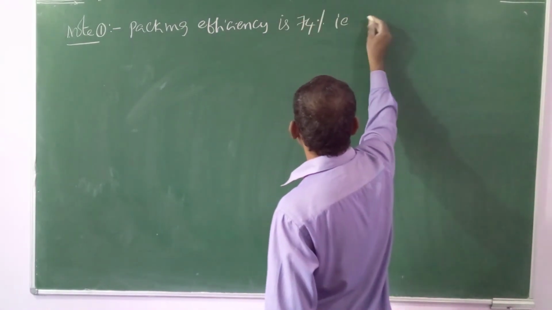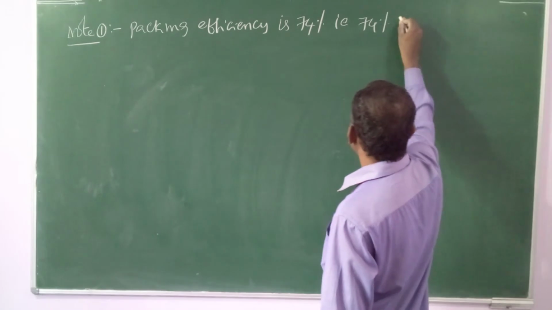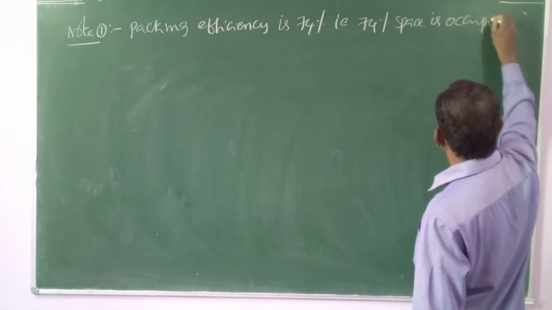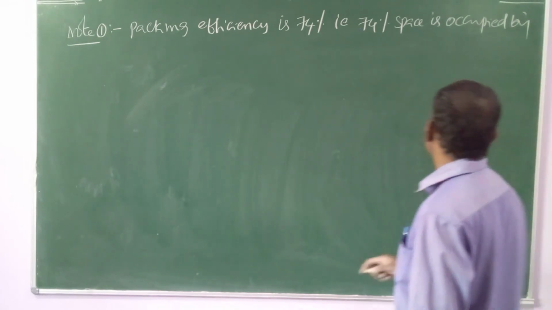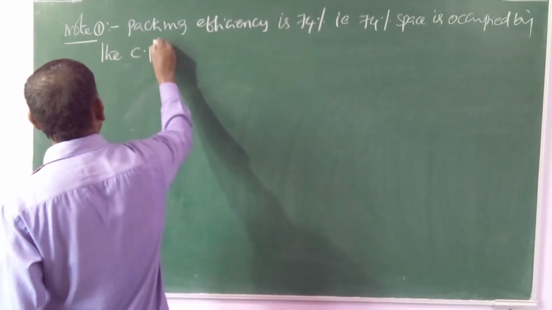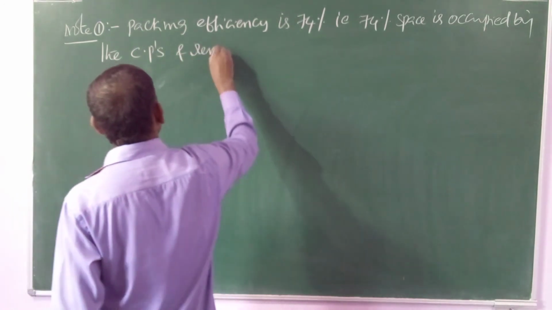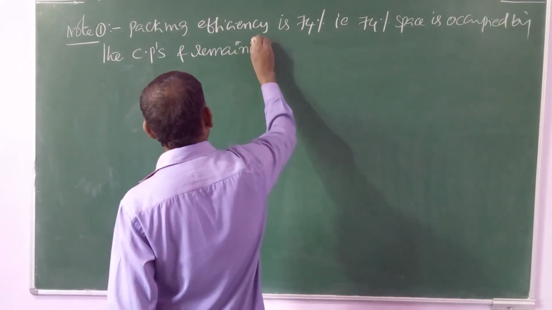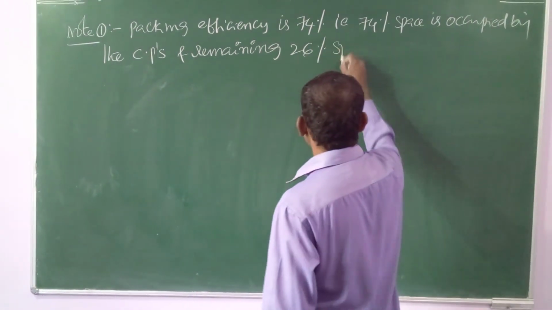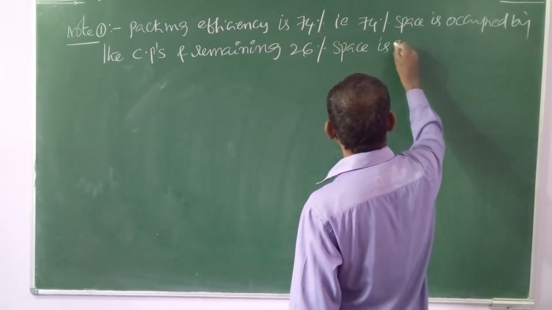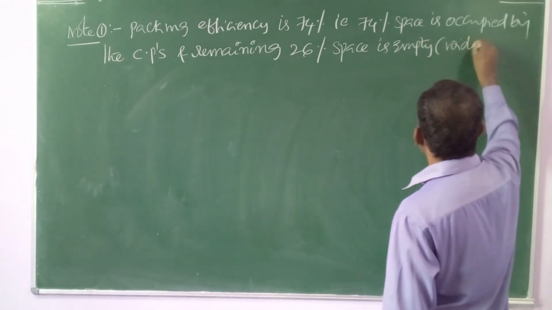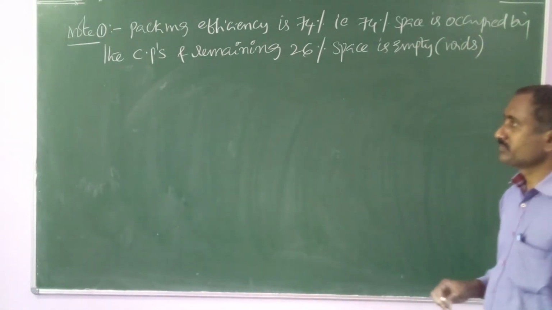That is, 74 percentage space is occupied by the constituent particles, and the remaining 26 percentage space is empty space, nothing but voids or gaps.